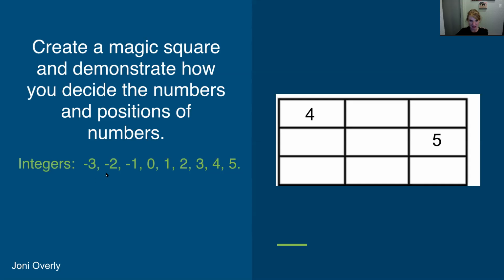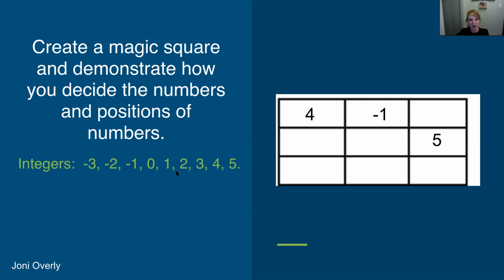So the sum of -3 plus -2 plus -1 plus 0 plus 1 plus 2 plus 3 plus 4 plus 5 equals 9. And the sum of each row is the same, therefore 9 divided by 3 is 3. So the magic number is going to be 3.